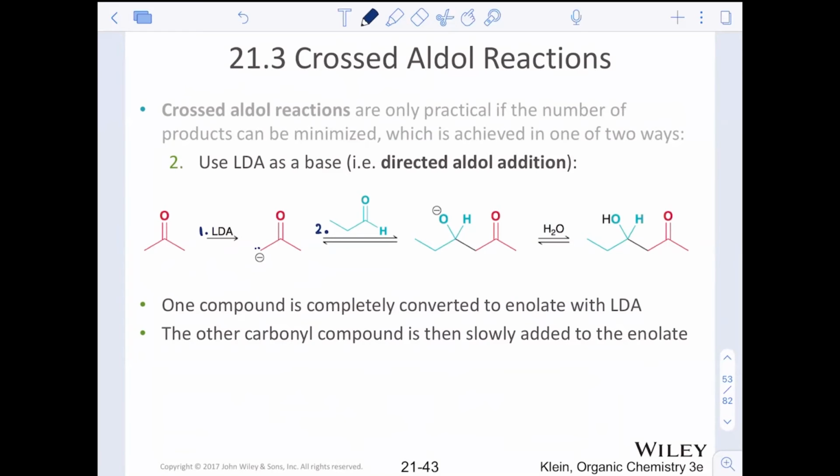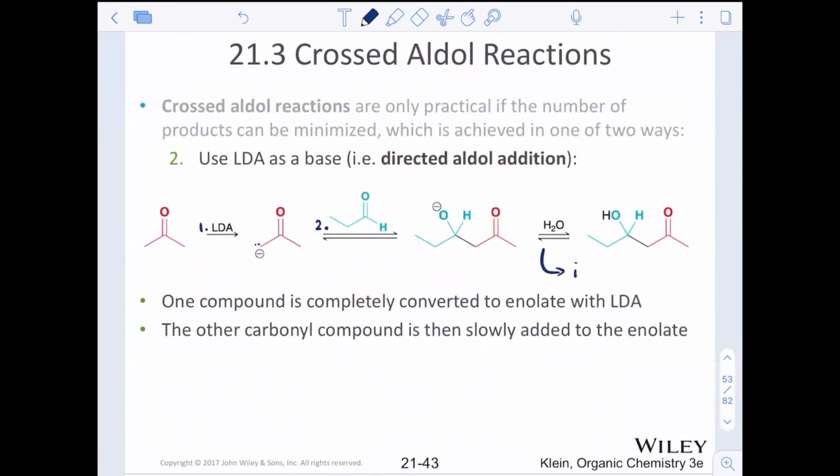Then you can either use heat and water, or you can try to achieve the aldol addition reaction only. If you add heat, then you would get the alpha beta carbon-carbon double bond product.